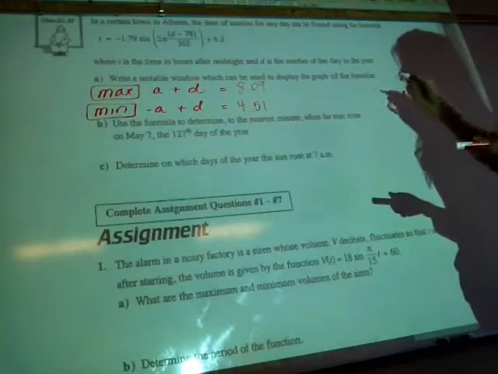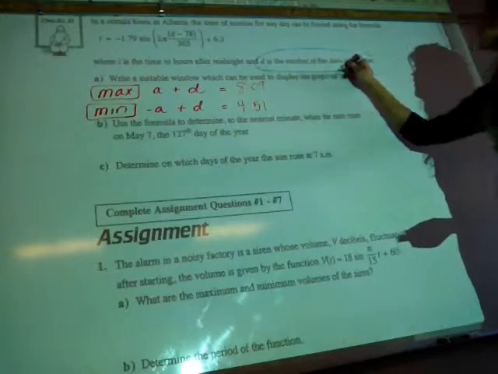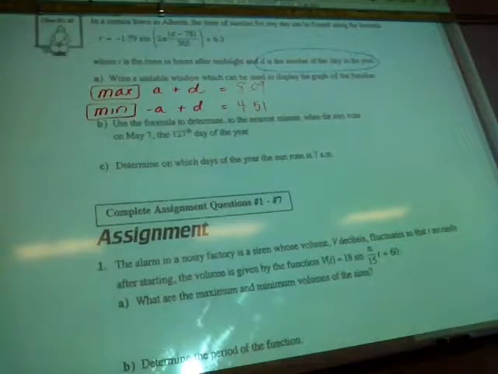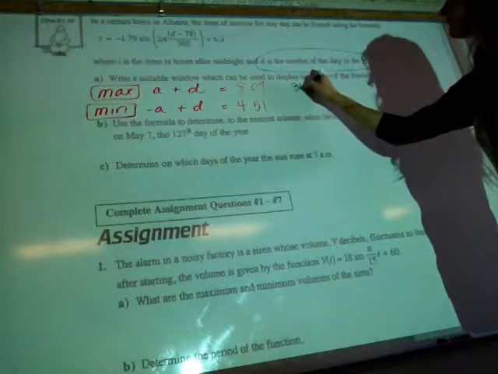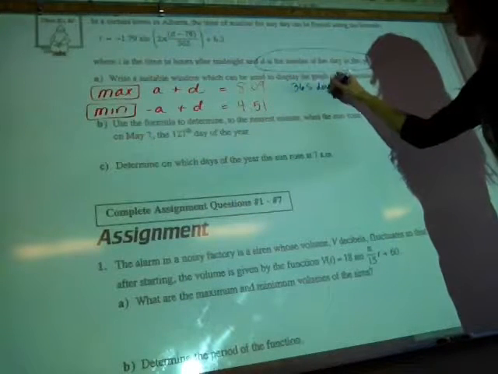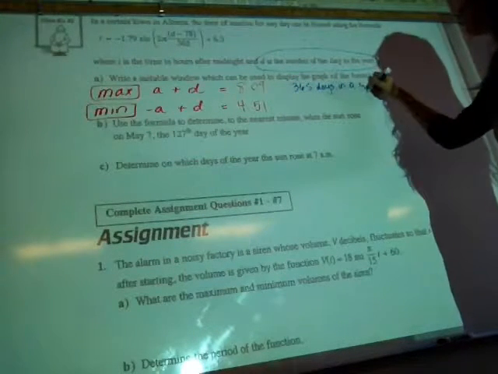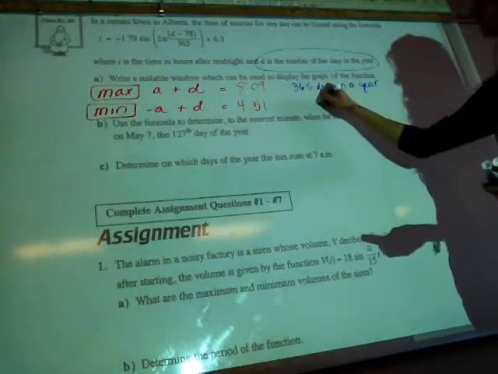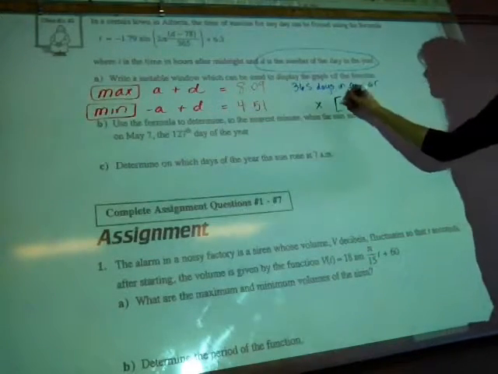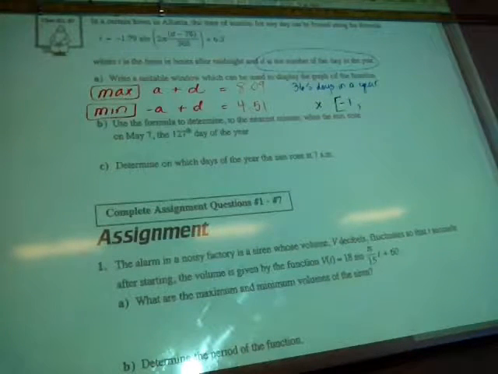For our x-axis, D is the number of the day in the year. How many days in a year? 365, very good. So our window settings for x, let's go -1. Someone else already said that because of leap years.